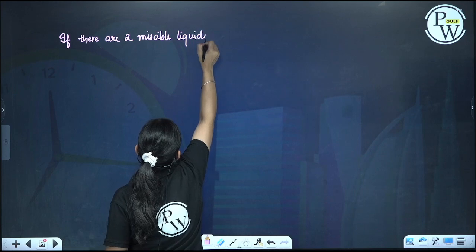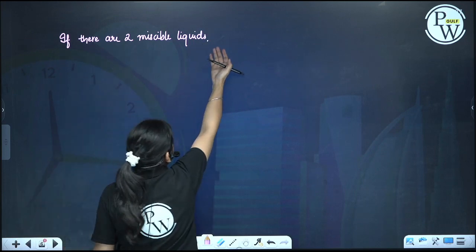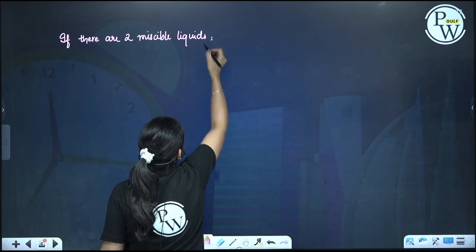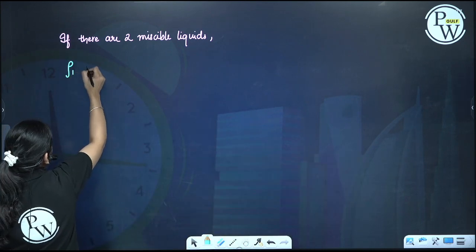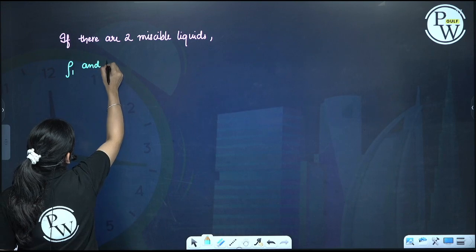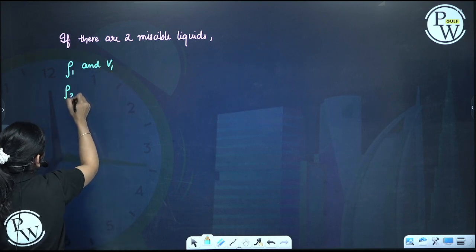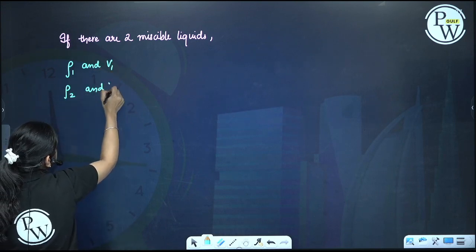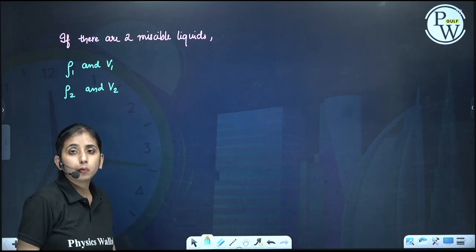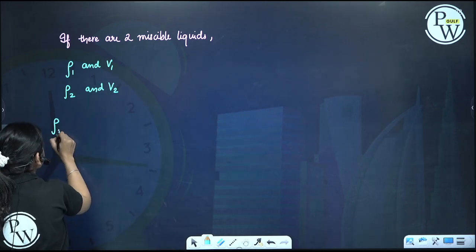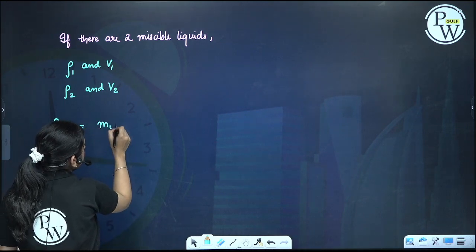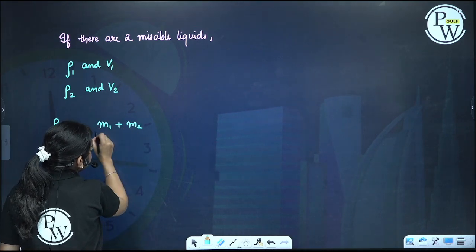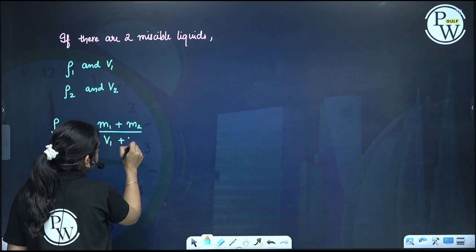The first liquid has density ρ1 and volume V1. The second liquid has density ρ2 and volume V2. If we want to find the average density of the mixture, it will be total mass divided by total volume.